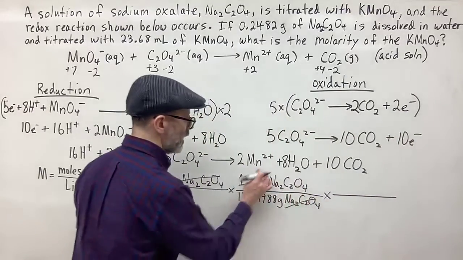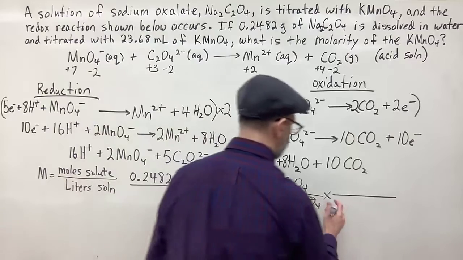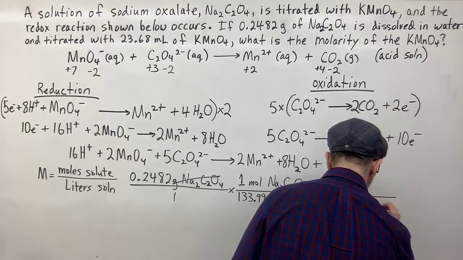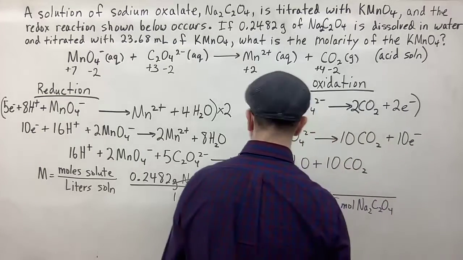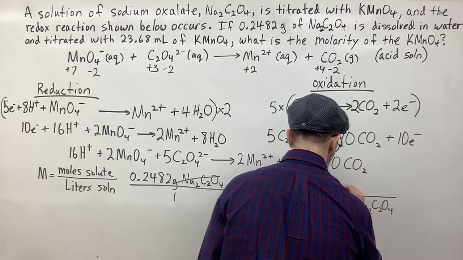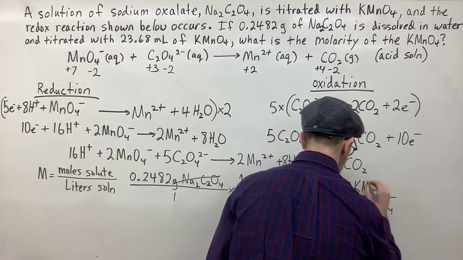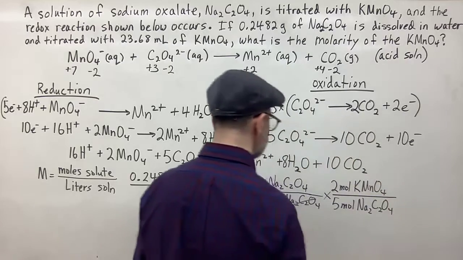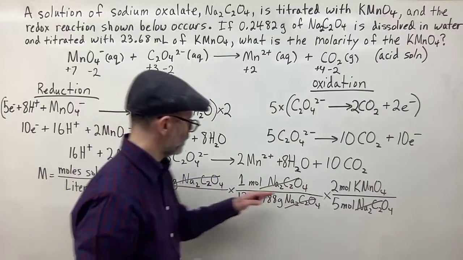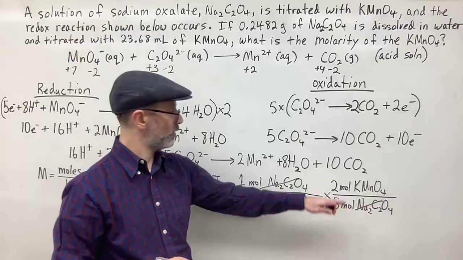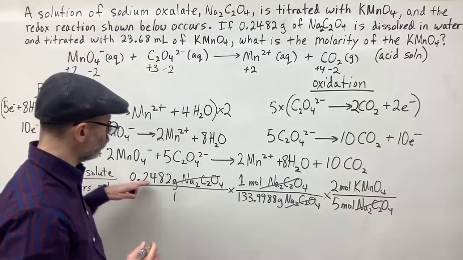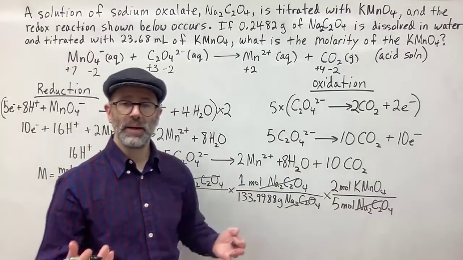So since I have moles of the sodium oxalate on the top, I'm going to have 5 moles of the sodium oxalate on the bottom. And then on top, I'm going to have the 2 moles of the potassium permanganate, 2 moles of KMnO4. So now moles of the sodium oxalate substance cancels out. Now I have moles of the KMnO4. Now I'm done. So I have moles. So now all I need to do is multiply across the top, divide by the bottom, and I'll get my answer in moles.